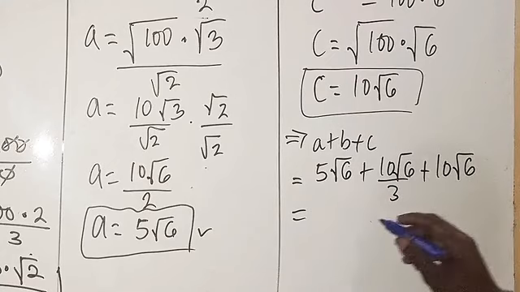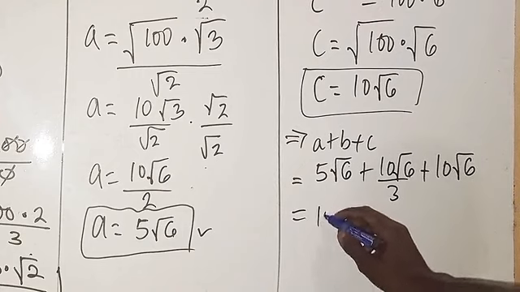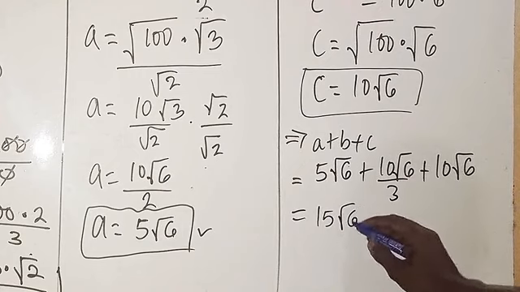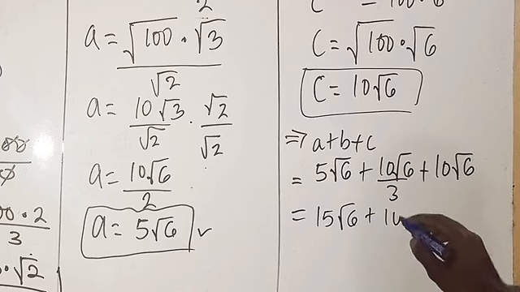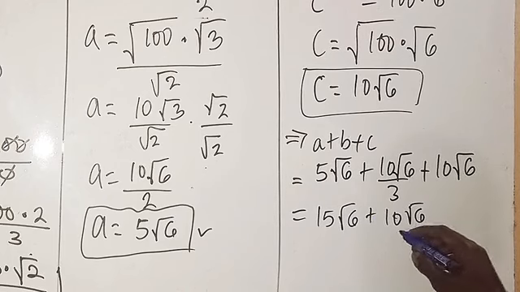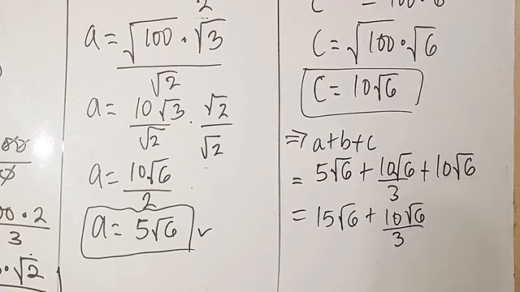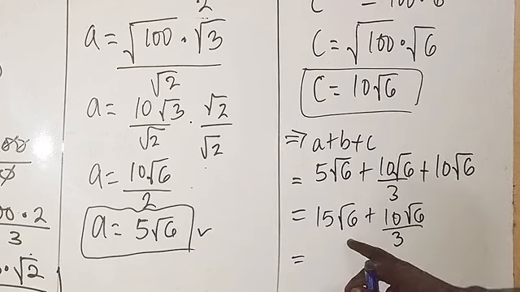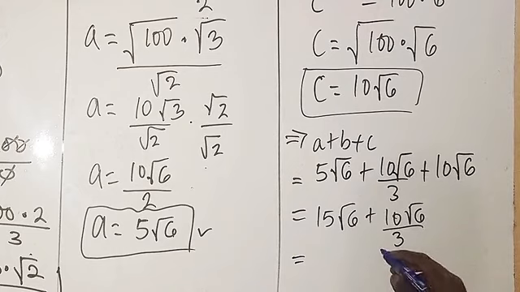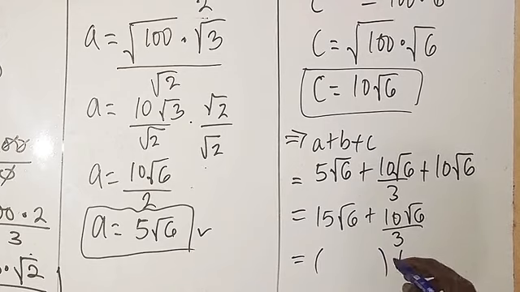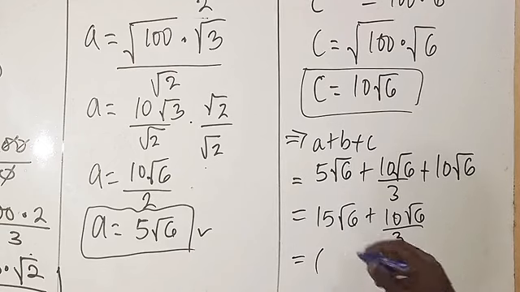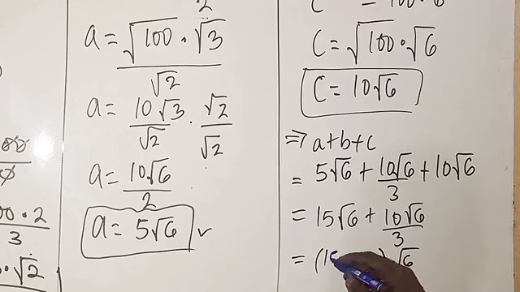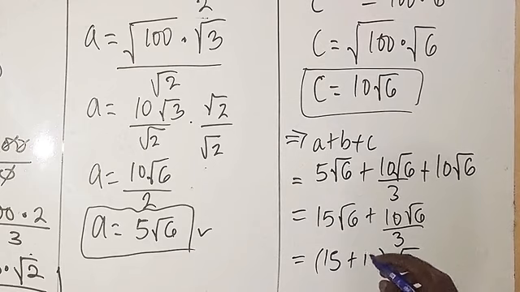5 root 6 plus 10 root 6, we're going to have 15 root 6, plus 10 root 6 all over 3. Or we can even take this out: we have root 6 here, we have root 6 here, so let us have root 6 outside. Then let's have 15 plus 10 over 3.